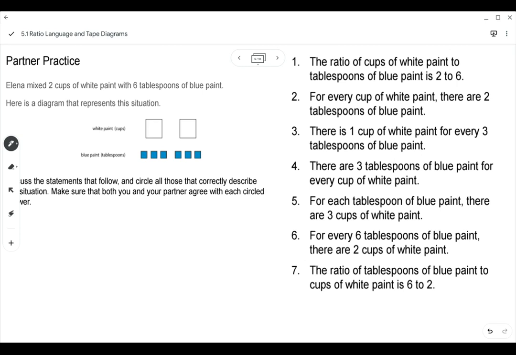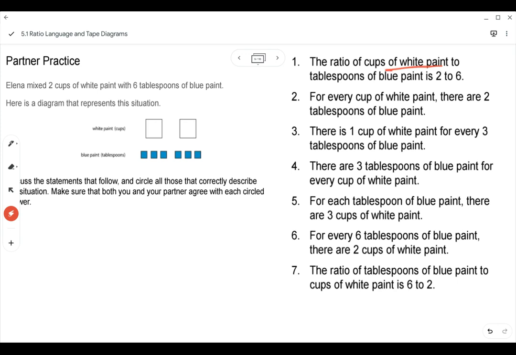Here's a diagram that represents the situation. So we've got 2 white paint and 6 blue paint. And we want to decide which of these statements are true. The ratio of cups of white paint to tablespoons of blue paint is 2 to 6.